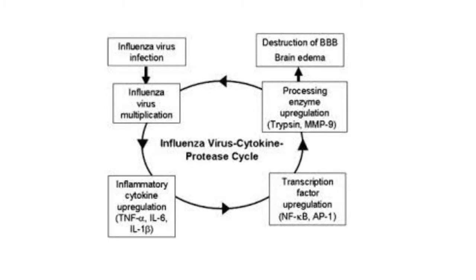And particularly for the blood-brain barrier, influenza can upregulate things like proteases that help to chew up the blood-brain barrier and help other things get in there as well, other viruses that are circling around or other bacteria.